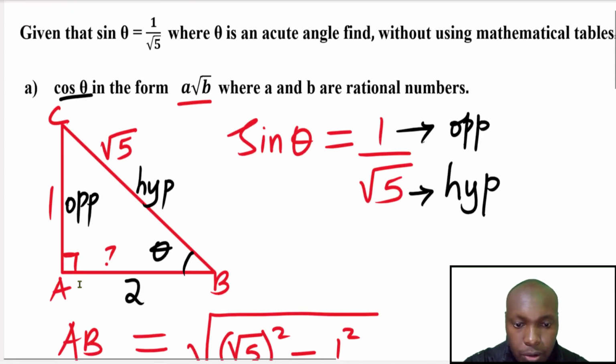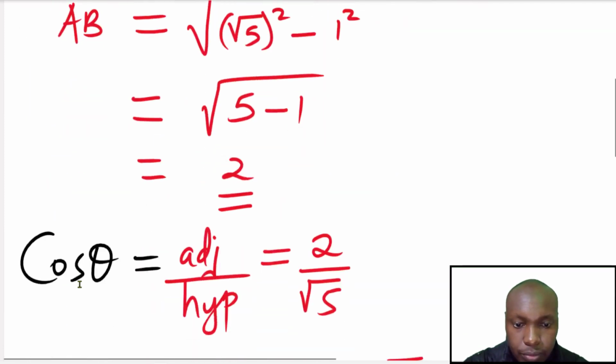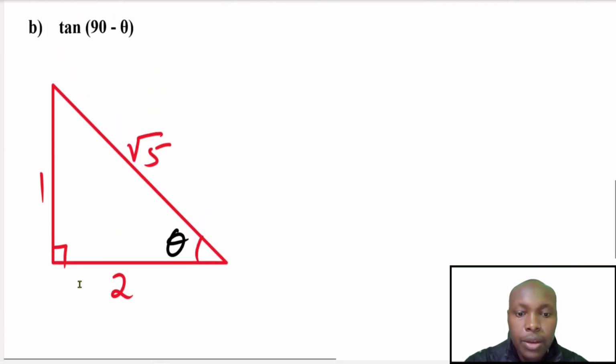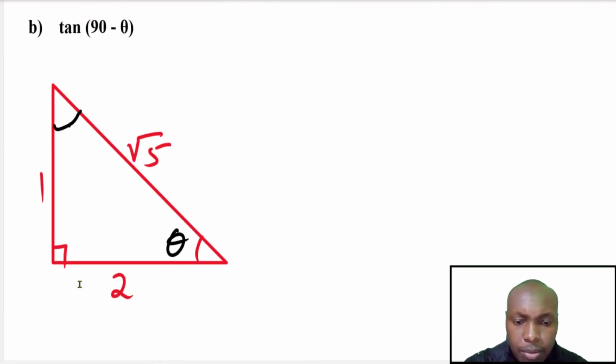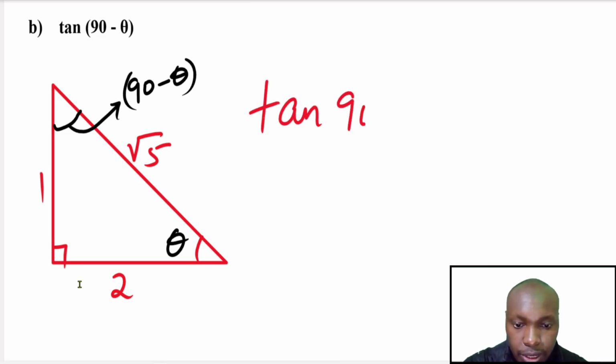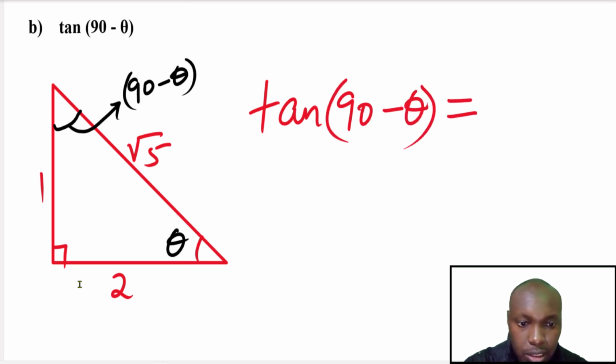Angle theta was there where you have B. And then the remaining angle is the one that is 90 minus theta, because you have the two angles, 90 and theta.